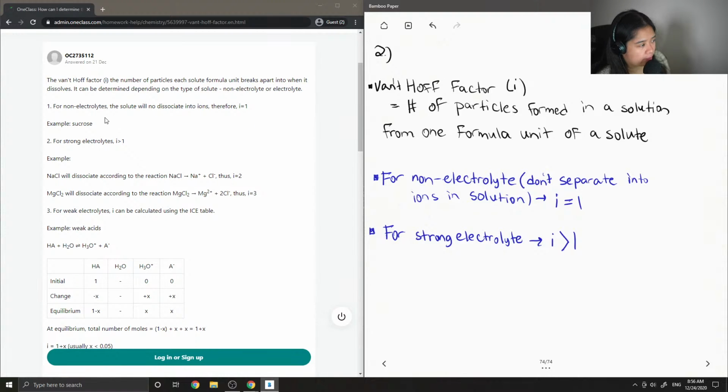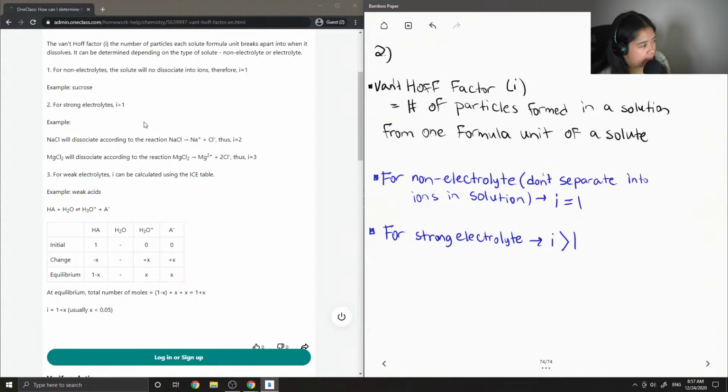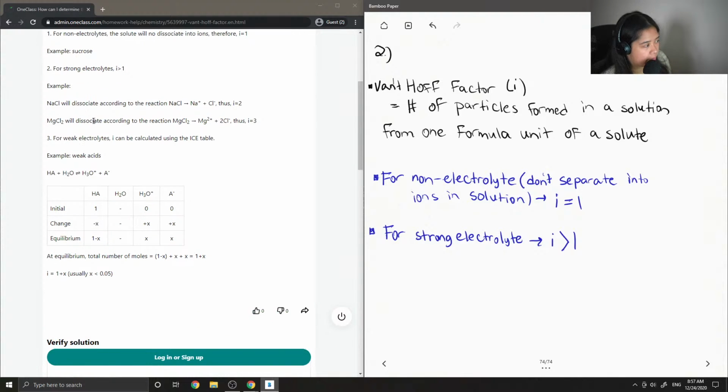For non-electrolytes, the solute will not dissociate into ions, therefore i is equal to 1. For example, sucrose. For strong electrolytes, i is greater than 1. For example, sodium chloride will dissociate according to the reaction NaCl makes Na+ and Cl-. Thus, i is equal to 2.